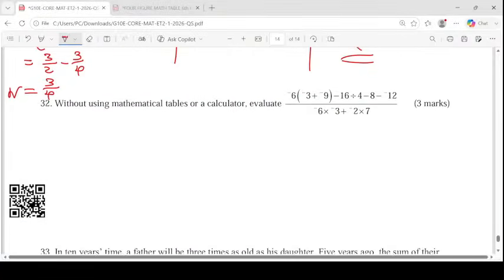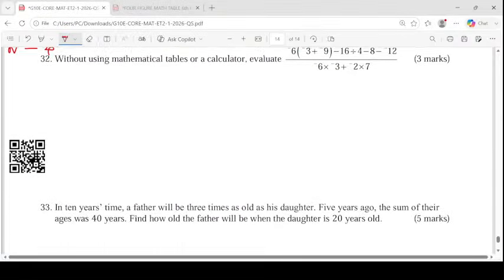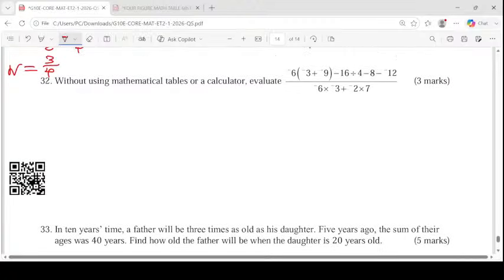Question number 32, which is our second last. Without using mathematical tables or a calculator, evaluate this. Let us start by evaluating the numerator. It will be negative 6 into negative 3 plus negative 9, that is negative 12, minus 16 divided by 4 minus 8 minus negative 12.